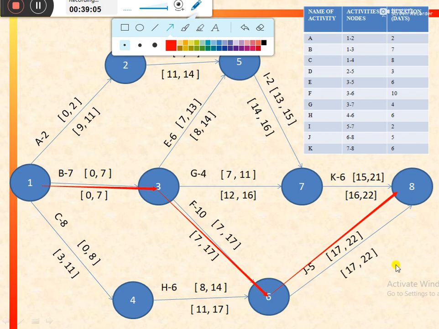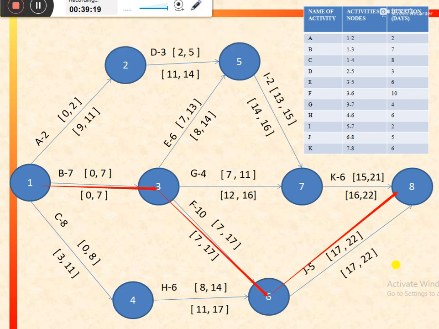And what would be the meaning of being the critical path? It would mean for management that they should focus on the completion of this path, because a delay in any activity of this path would result in a delay of the whole project, as the duration of the whole project is equal to 22 days, and this path also has the duration of 22 days.